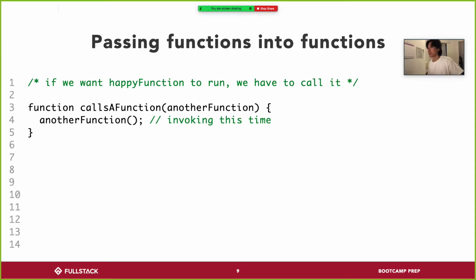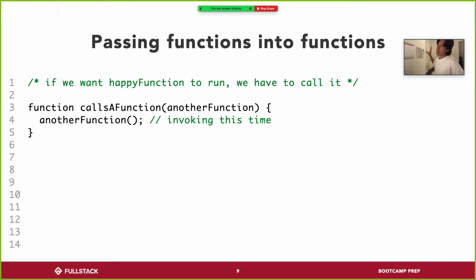So yeah, this is exactly what calls a function does, it calls that function that is getting passed in as a parameter. But let's say you didn't write this calls a function, like somebody else wrote it, right? And they expose this function to you and they tell you, pass your function into this function and that code is going to handle calling it.